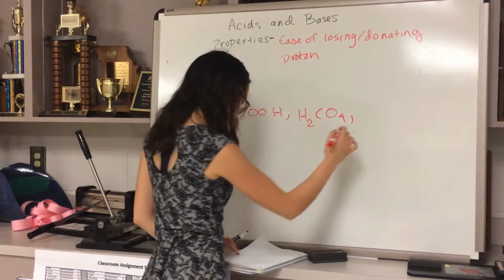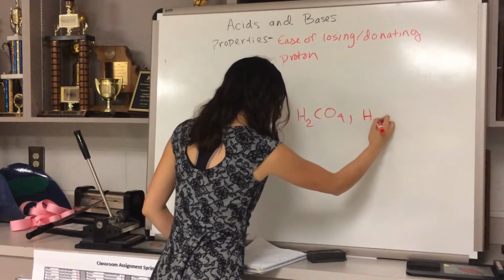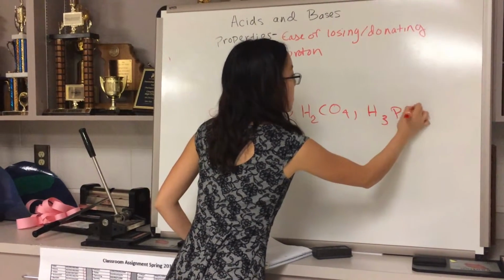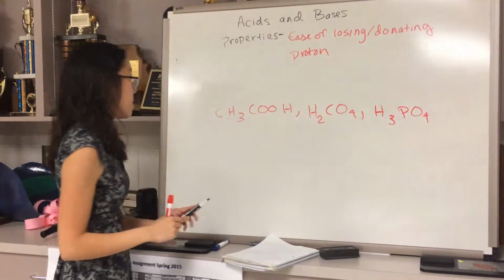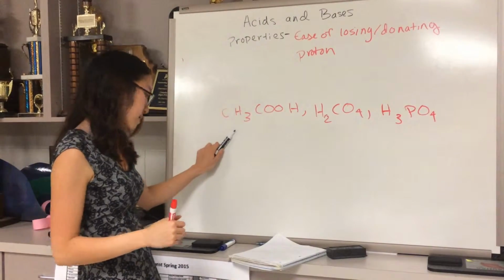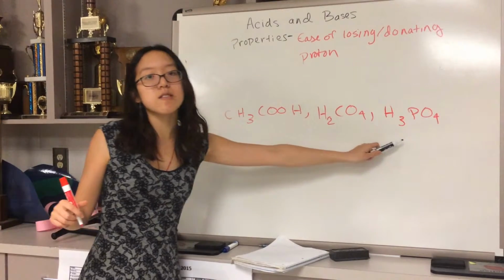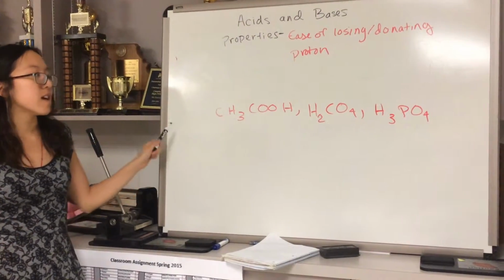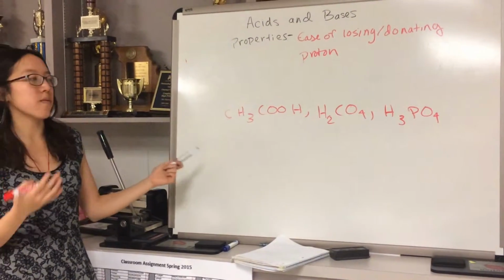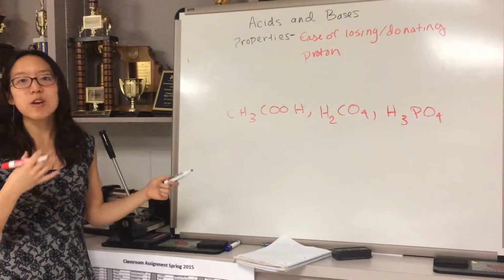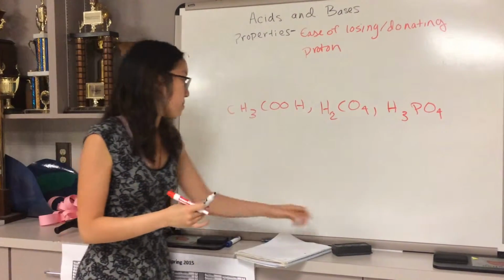And finally, phosphoric. Okay, so this is ethanoic acid, this is carbonic acid, and this is phosphoric acid. And these are some examples of weak acids. And there's really nothing you can figure out. You have to memorize it completely.